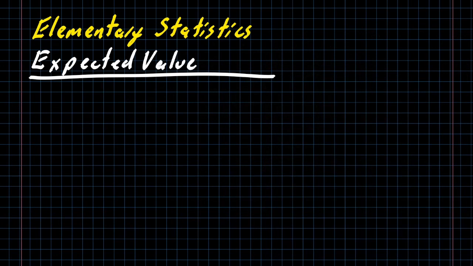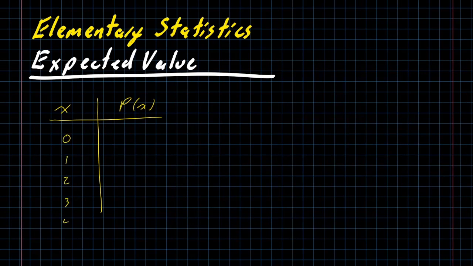I'm going to look at a distribution we looked at previously, the result of flipping 4 fair coins and counting the number that come up as heads.